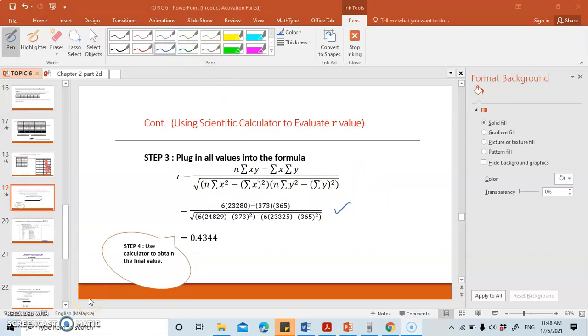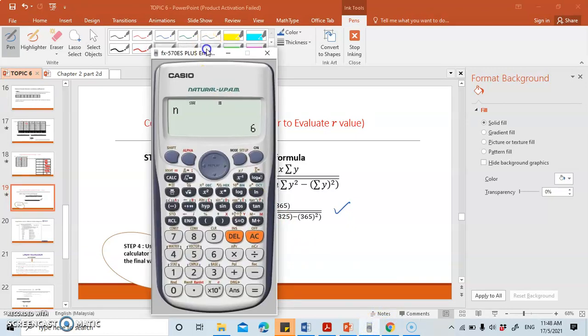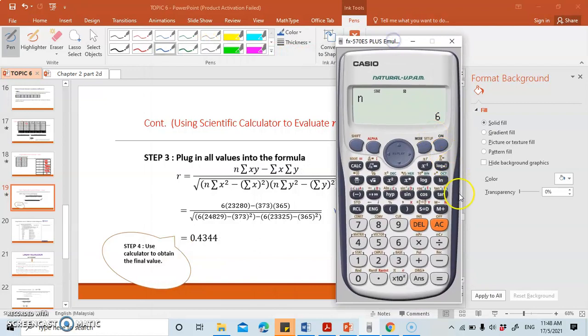The next step is to write down the final answer. You can get the final answer from your calculator. Clear your screen first. Press shift number 1. For the variance and standard deviation, you press number 4, but for this one, you need to press number 5.